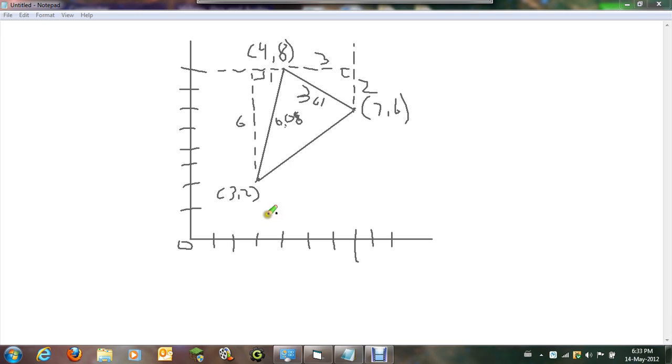Now finally we move to the last one, and we do the same thing with the imaginary lines. We have our right angle right here.